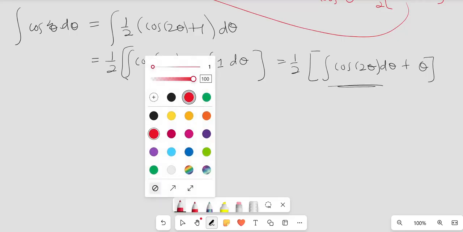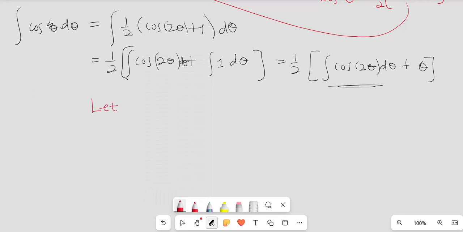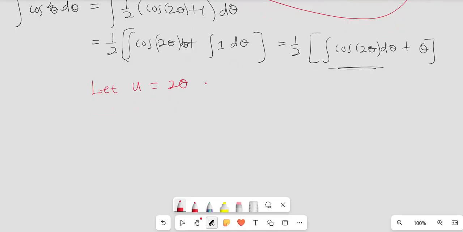Our task now is to integrate this. So we can use a u-substitution. We let u be equal to 2 theta. Then du d theta is equal to 2, so du is equal to 2 d theta, implying that d theta is equal to du over 2.